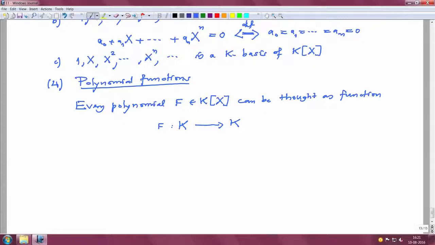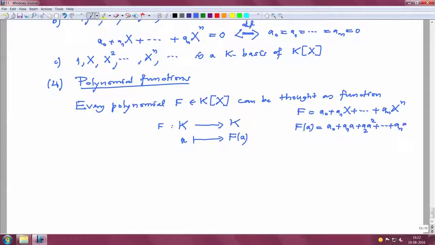So, which function? Any constant a, just substitute that constant instead of the variable, f of a. So, if f were a0 plus a1x etc. plus an x^n, then f of a is just putting capital X equal to small a: a0 plus a1 a plus a2 a square and so on, an a power n.